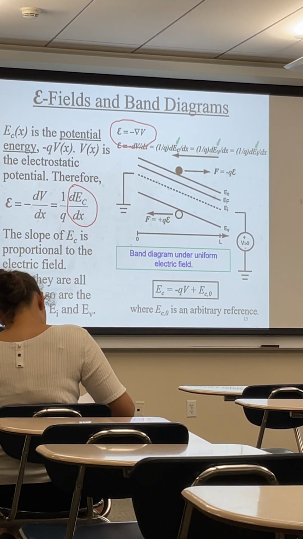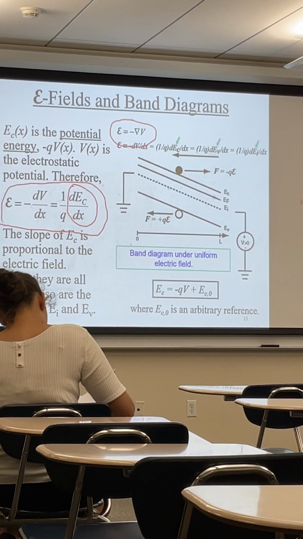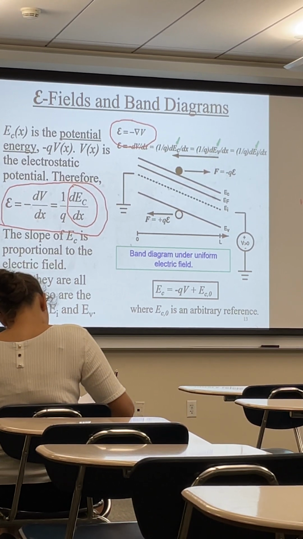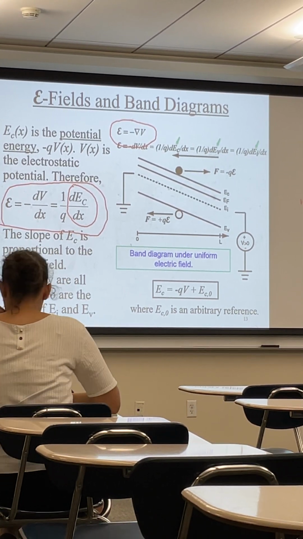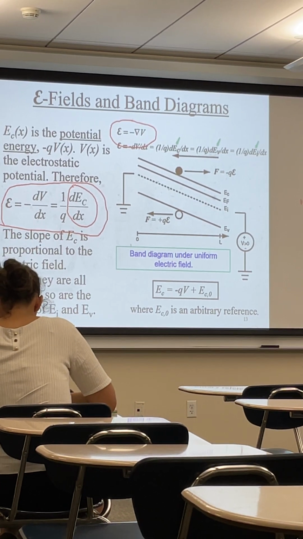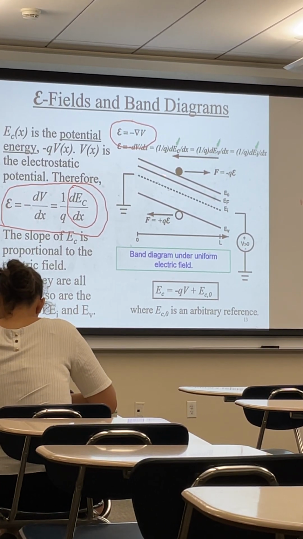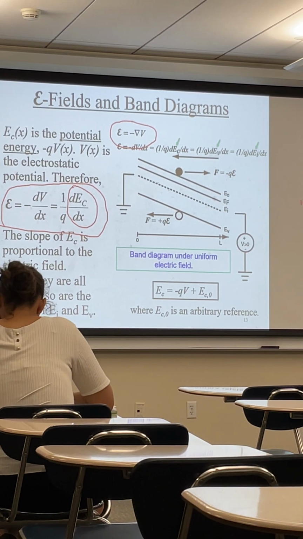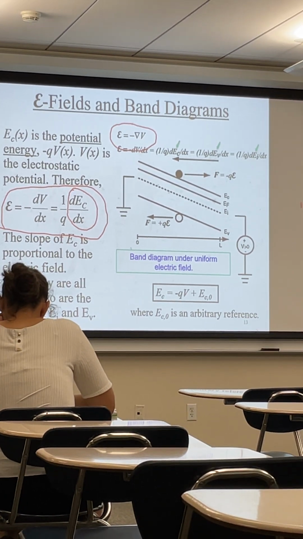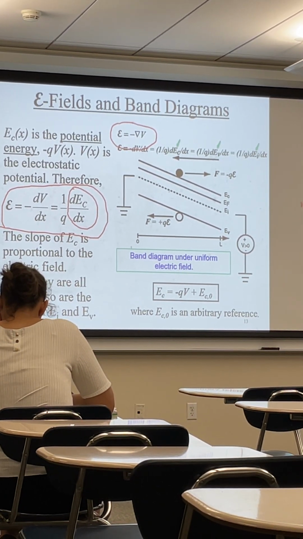Then you can also look at this expression here, and you can see that the slope of EC, dEC over dx, is a negative value.